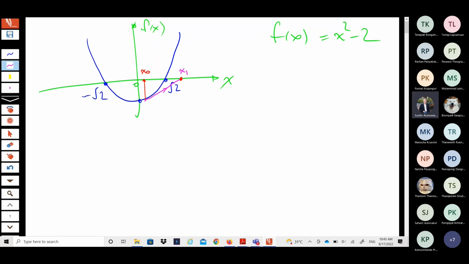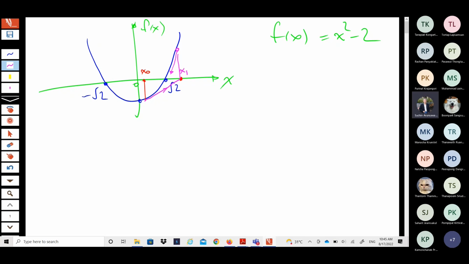Then we have x1, and from x1 it goes again. So if x naught is greater than square root 2, then the Newton-Raphson converges to the root from the right-hand side of the solution.